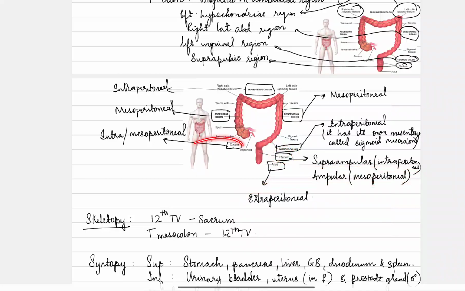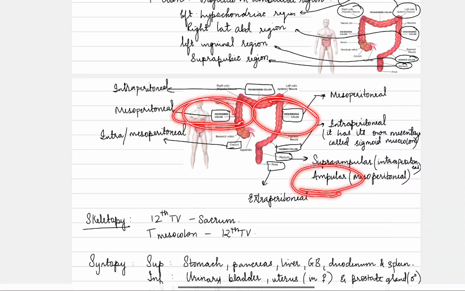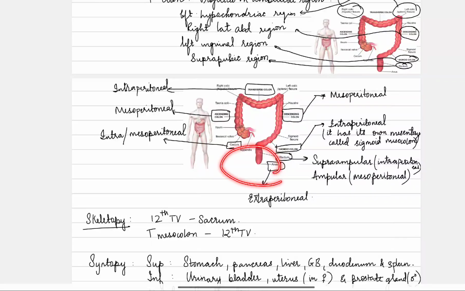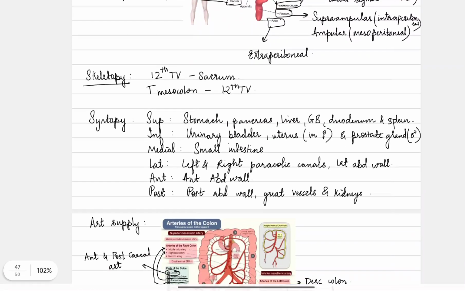Here cecum might be intra or meso. Transverse colon, sigmoid colon, and superior ampullary region of the rectum are intraperitoneal. Ascending colon, descending colon, and ampullary part of the rectum are mesoperitoneal, and anus is extraperitoneal.